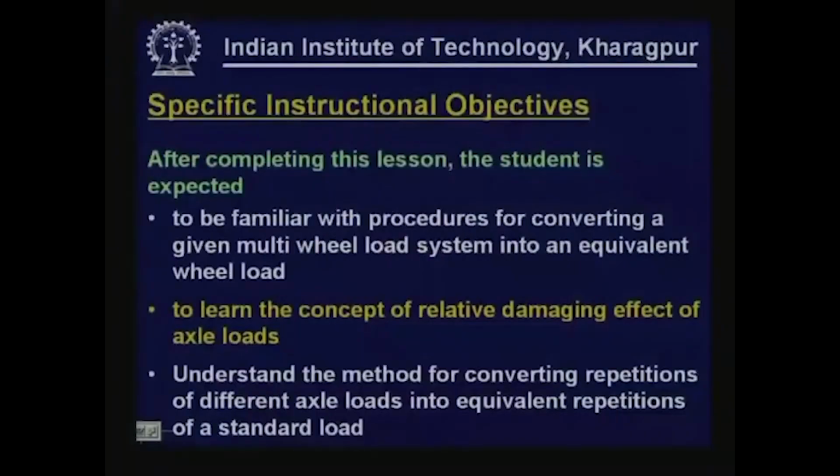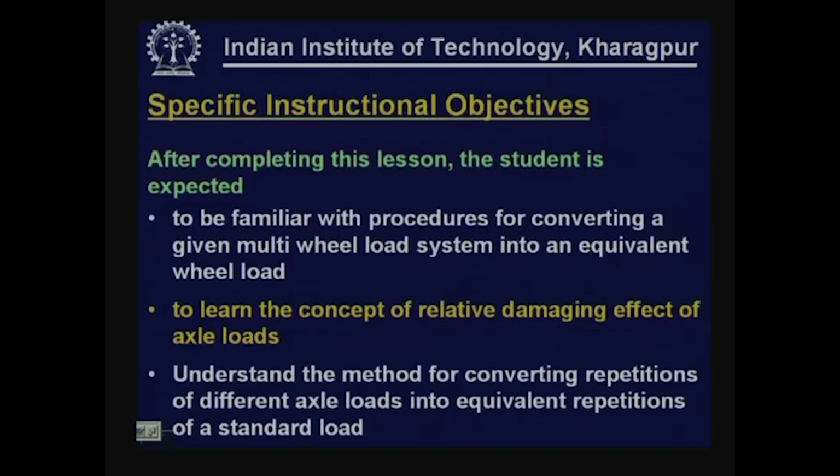The specific instructional objectives of this lesson are that, after completing it, the student is expected to be familiar with the procedures for converting a given multi-wheel load system, consisting of 2 wheels, more than 2 wheels, or a number of axles, into an equivalent single wheel load.